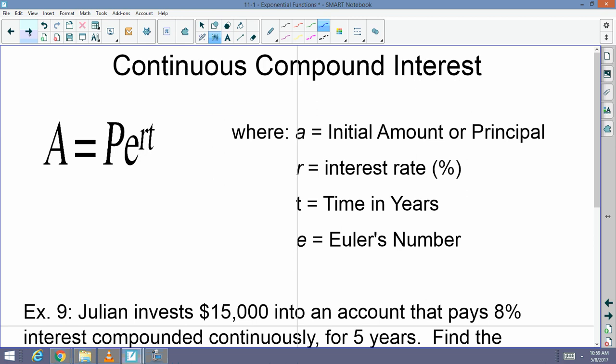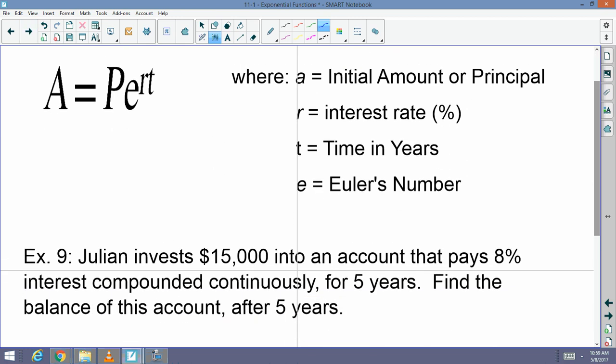But real quick, Julian invests $15,000 into an account that pays 8% interest compounded continuously for 5 years. Find the balance of this account. My balance will be A equals P, the principal, times E, which is a button on your calculator. It is right above the LN button. You have to hit the shift button to hit it.